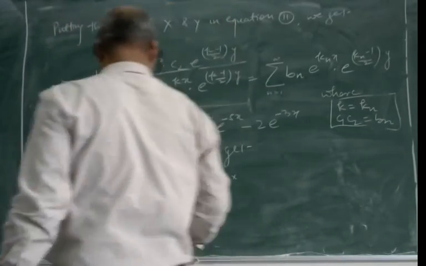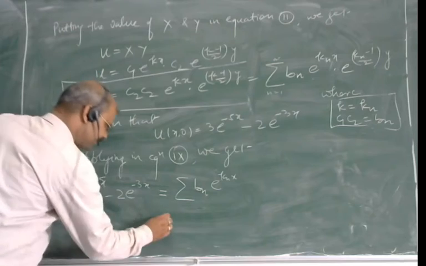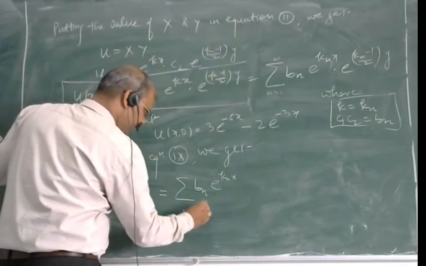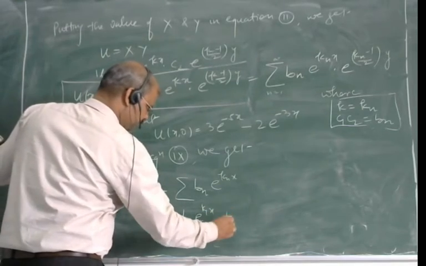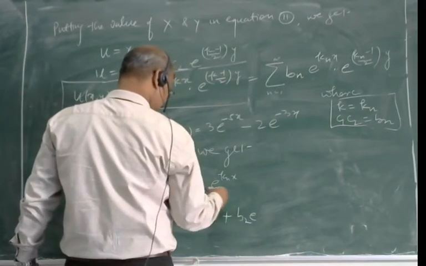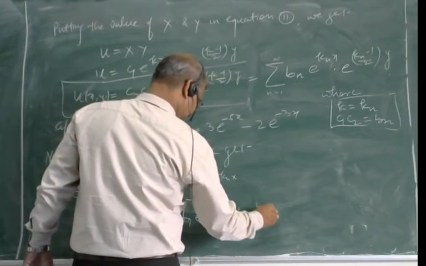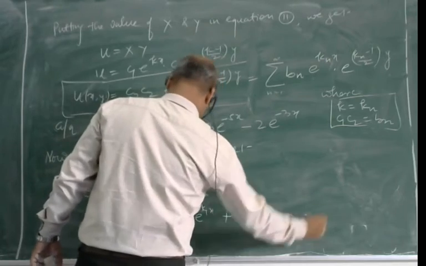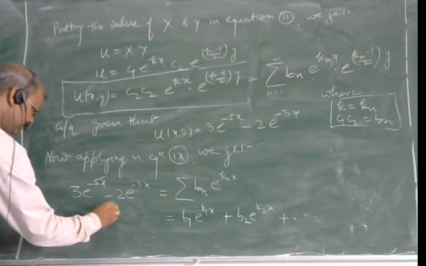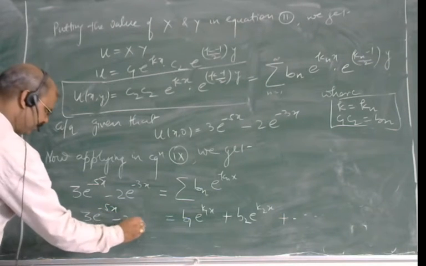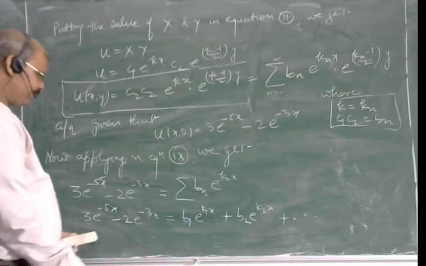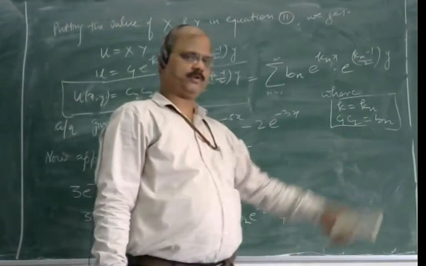So see here, it can be expressed like this: by putting n equal to 1, b1 e to the power k1x plus b2 e to the power k2x plus and so on. Since only two terms are given, the expression can be written up to 2 terms. If 3 terms are given, we can write 3 terms also.